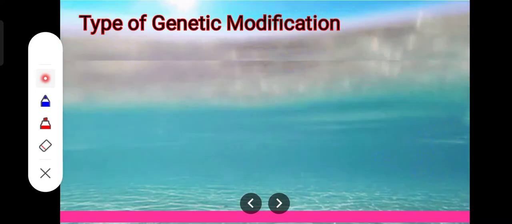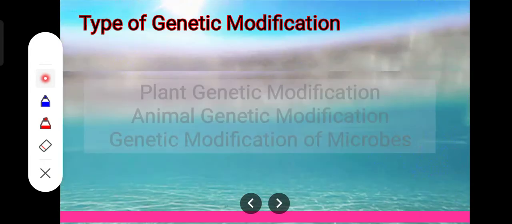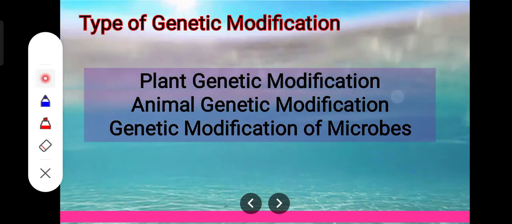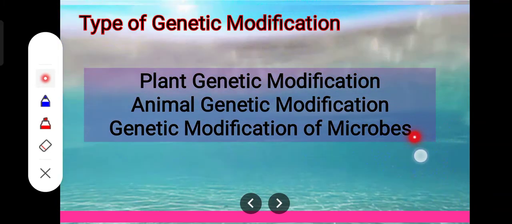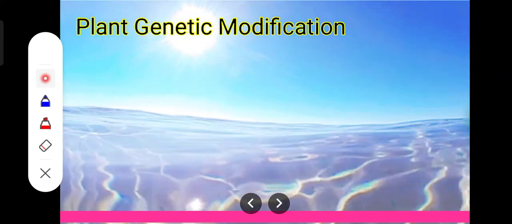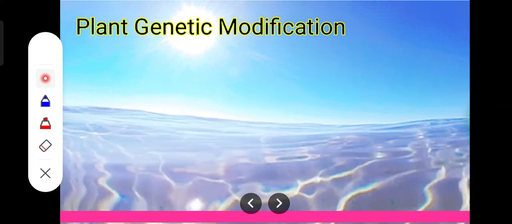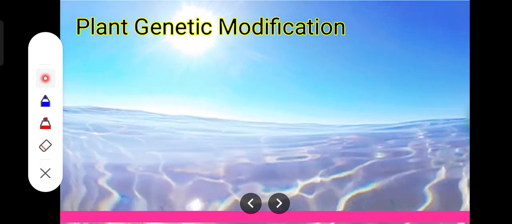Aside from that, in genetic engineering, we also have types of genetic modification. We have here plant genetic modification, animal genetic modification, and genetic modification of microbes. First is plant genetic modification. The easiest method of plant genetic modification, used by our wandering ancestors and until today, is simple selection.